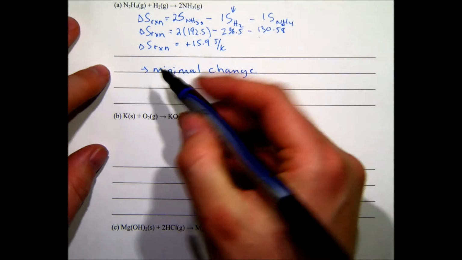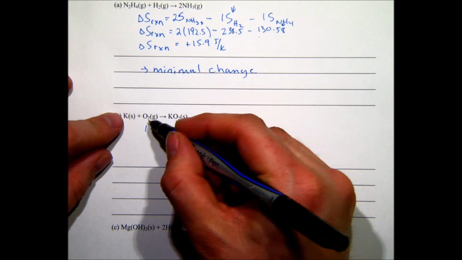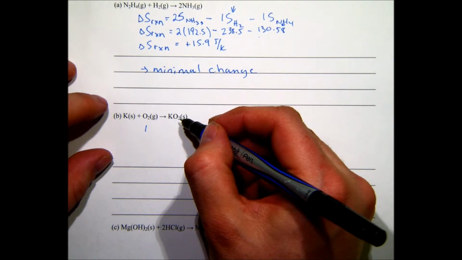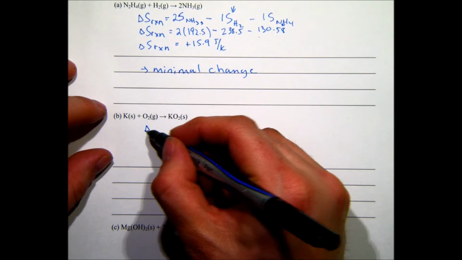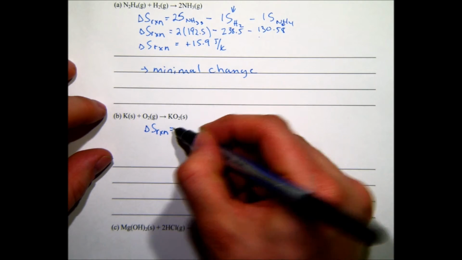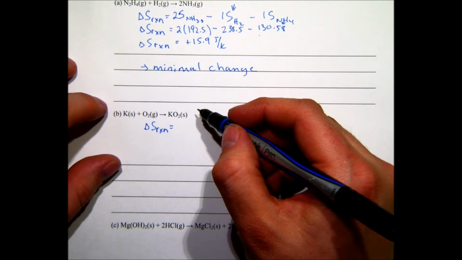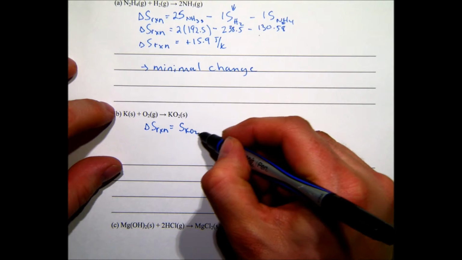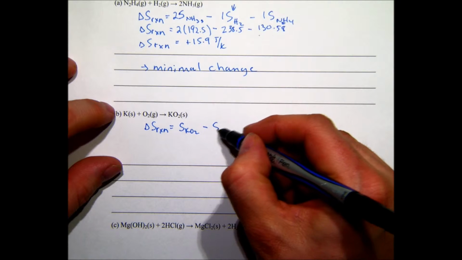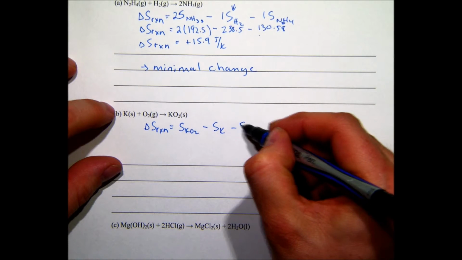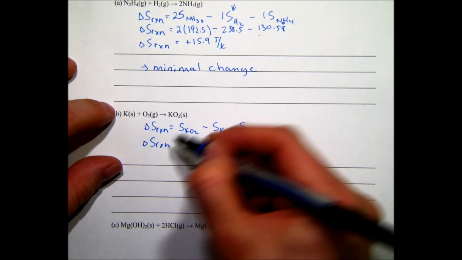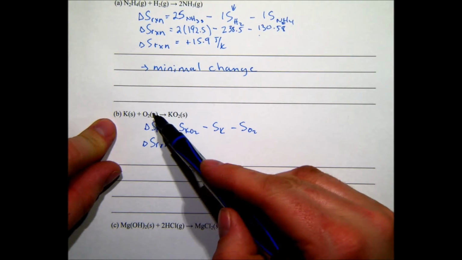For question B, we have potassium solid plus oxygen giving us potassium oxide. So delta S of reaction is equal to the standard entropy of KO2, take away the standard entropy of K solid, take away the standard entropy of O2. Just double check that it's 1 to 1 to 1.